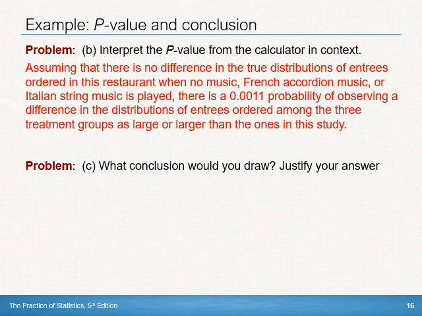So here we'd say, assume that there is no difference in the true distribution of entrees ordered at the restaurant when no music, French music, and Italian music is played. So in other words, the null hypothesis is true. Then there is about a 0.1% probability of getting a difference in the distribution of entrees like the one we saw, or larger, just by chance.